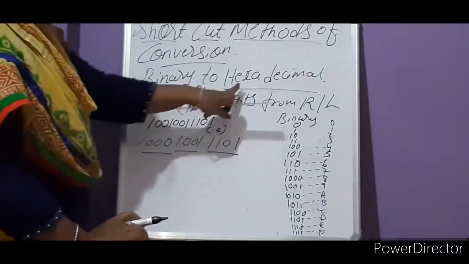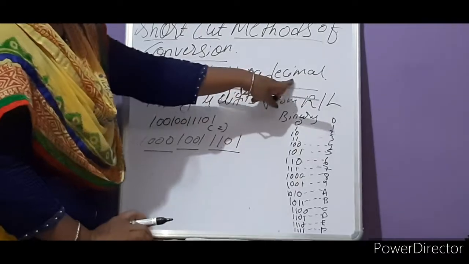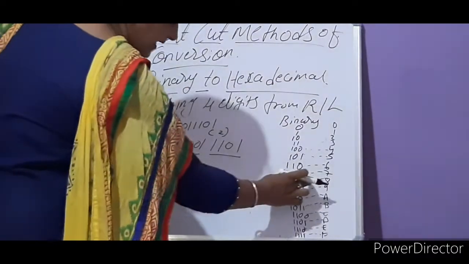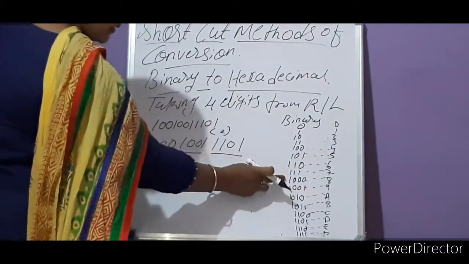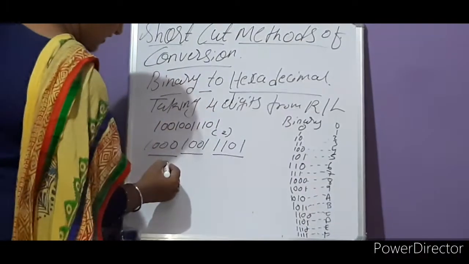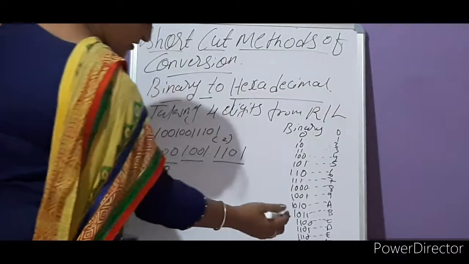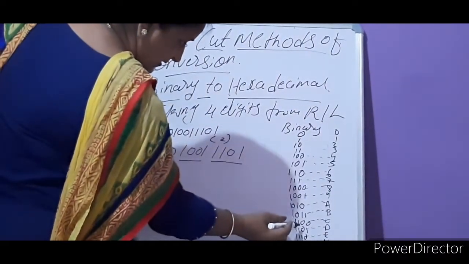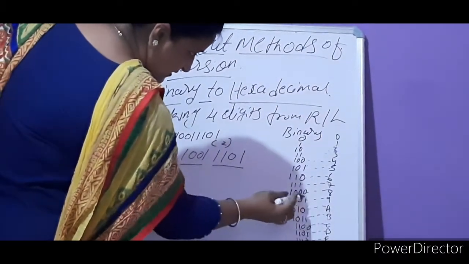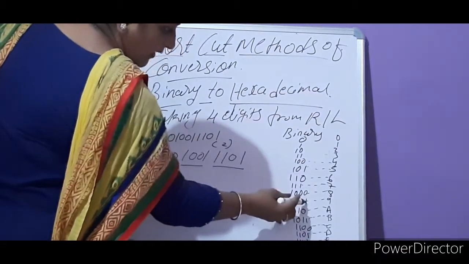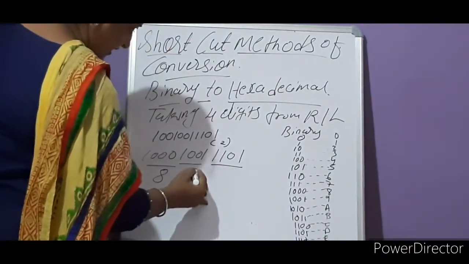1000 in hexadecimal becomes 8. You can see here it becomes 8, so we are taking 8 here. Then 1 0 0 1 becomes 9, so we are taking 9 here.